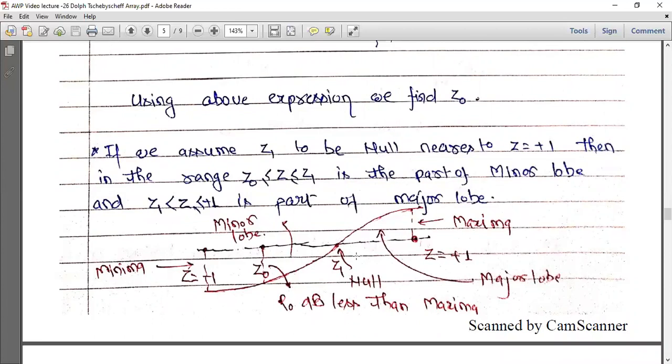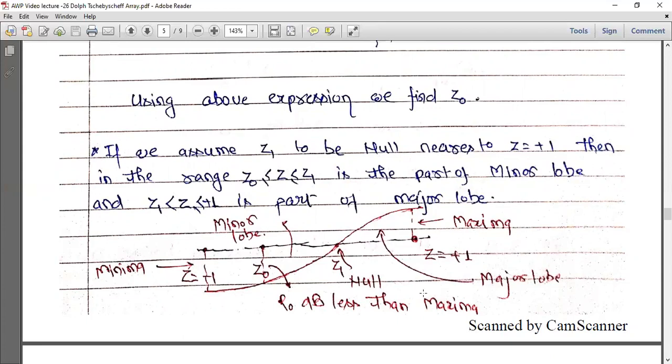Now let's again imagine what is going on. You place an antenna array and you close your eyes and imagine that in a particular direction there is maximum radiation. As you move away from this direction, you find that the radiated power is reducing, and in a particular direction the radiated power becomes 0. The direction corresponding to maximum radiation of the major lobe will correspond to z equals plus 1 in the figure.